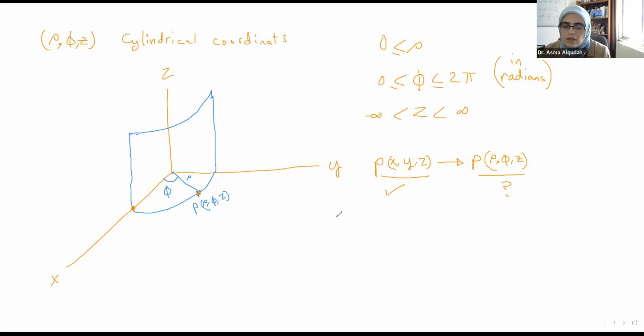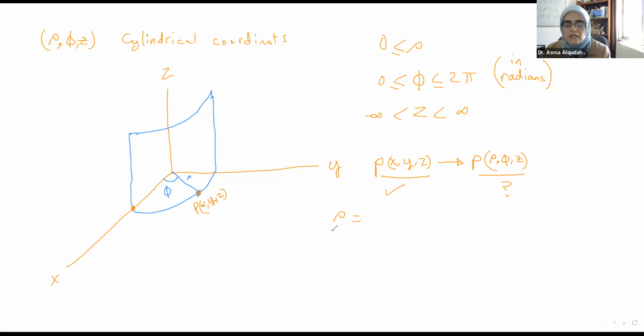So we start with the first one, which is rho. Let's say this is my point in Cartesian, so P with x, y, and z.